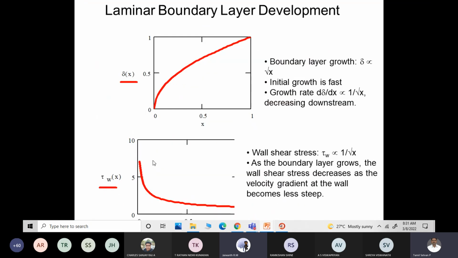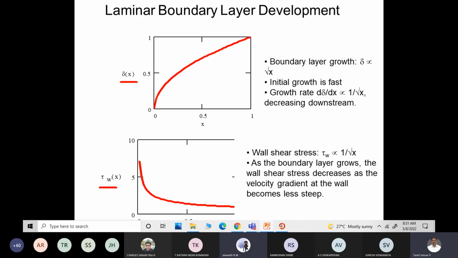Similarly, when we talk about boundary layer thickness, it increases from the leading edge towards the trailing edge. You can see here the initial growth is fast, from 0 to 0.5, whereas from 0.5 to 1 the growth is lesser.